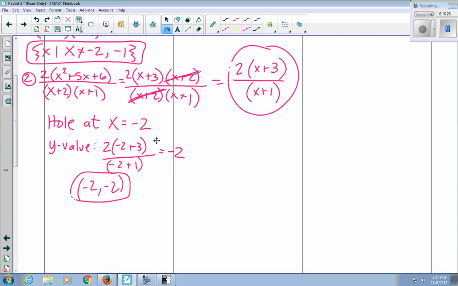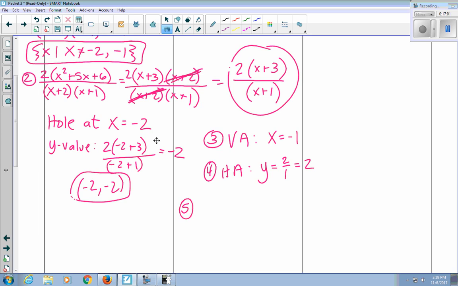Okay. So step 3, vertical asymptotes. Those happen where the denominator is 0, but not at the hole, right? Once we took out the hole by canceling, my vertical asymptote happens at x equals -1. Step 4, horizontal asymptote: compare the numerator and denominator degrees. They're both degree 1, so my horizontal asymptote is y equals the ratio of the leading coefficients, y equals 2.